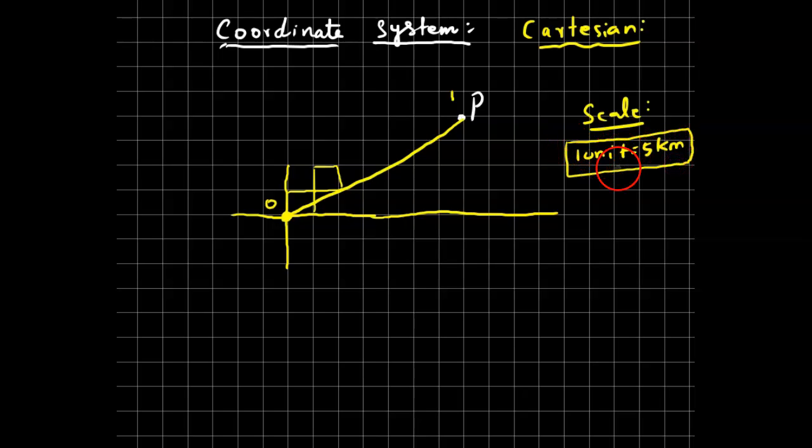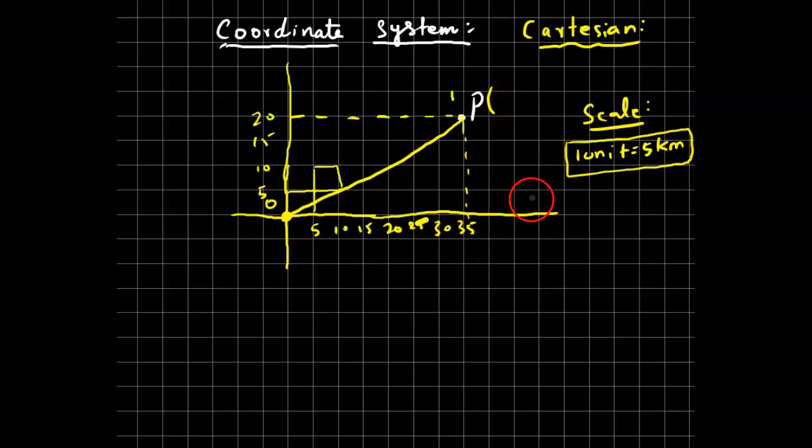Let's take 5 kilometers. At this point they will draw two lines, one is the vertical line from the point P, and here is the horizontal line. Let's take each unit as 5. So here 5, 10, 15, 20, 25, 30 and 35. And here 5, 10, 15, 20.